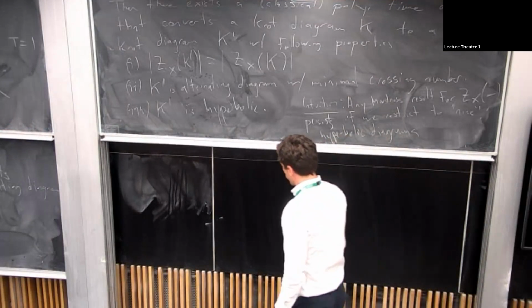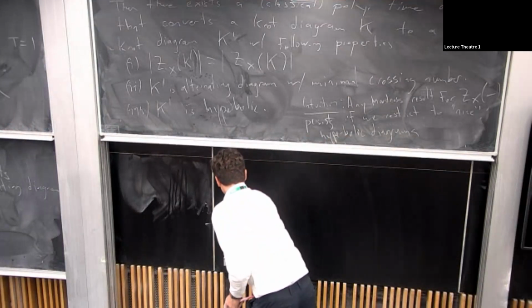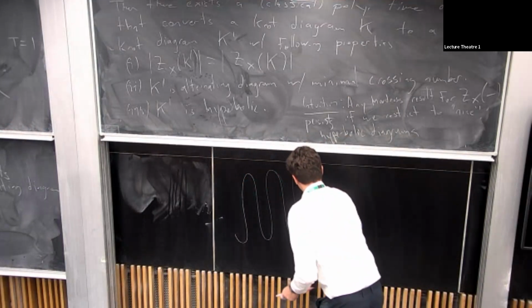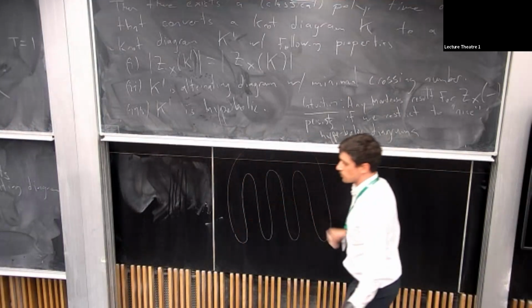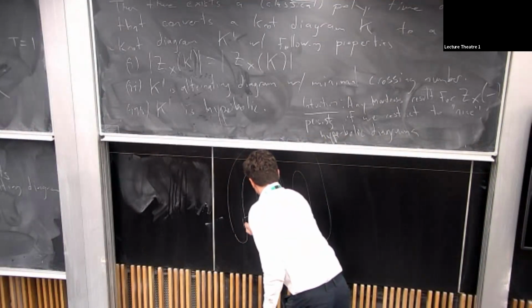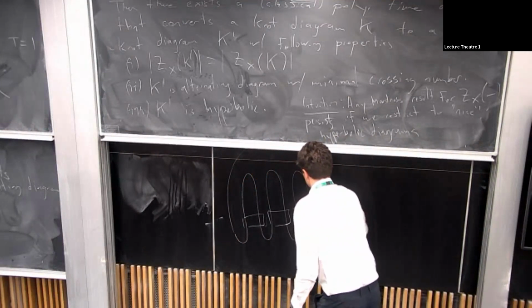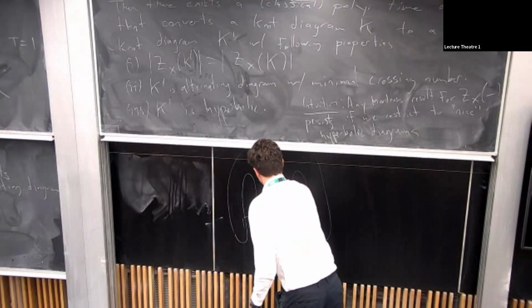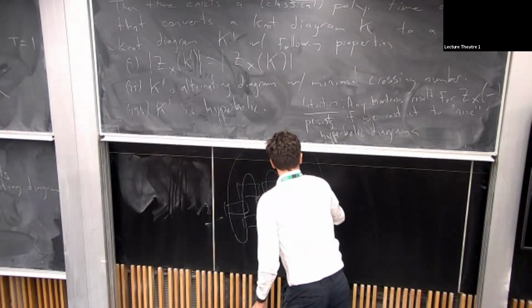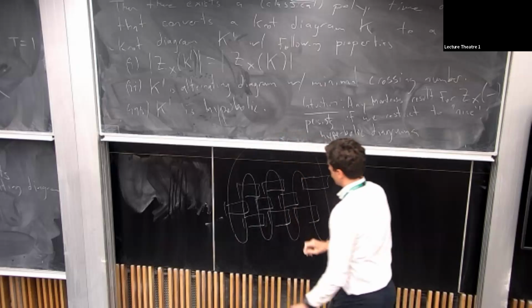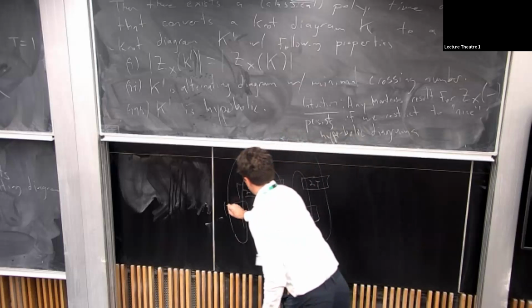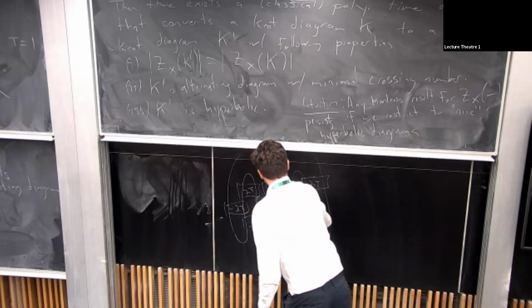So what I'll do, I'll think of the unknot as the following. If it's the unknot, I might as well assume it's that unknot. And now I'm going to insert twist. I put 2T twist here, minus 2T there, 2T there.